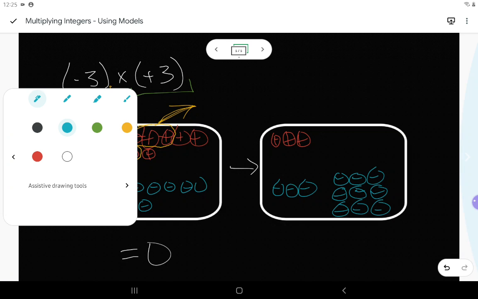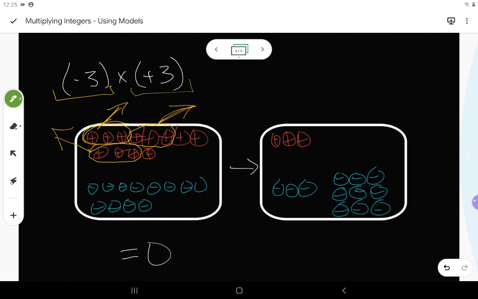But you know what? It ends up being okay, because look, this positive and this negative group together to make a 0 pair. And this positive and this negative group together make a 0 pair, and so does this one. Actually this looks like what we had on our first slide, right? These 3 positives and 3 negatives make a 0 pair. So really, I don't need to have them there at all.